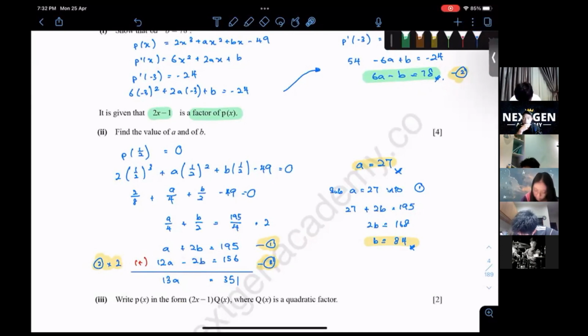I want to eliminate the 2b from the equation. By right, it's equation 2 in this case. But it doesn't matter 1, 2, or 3. Don't need to be so strict on this. As long as you understand what's your equation 1, what's your equation 2, 3, 4, whatever. Okay, the rest of you, all okay?